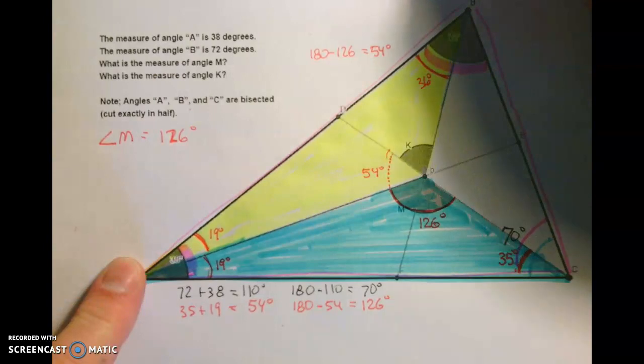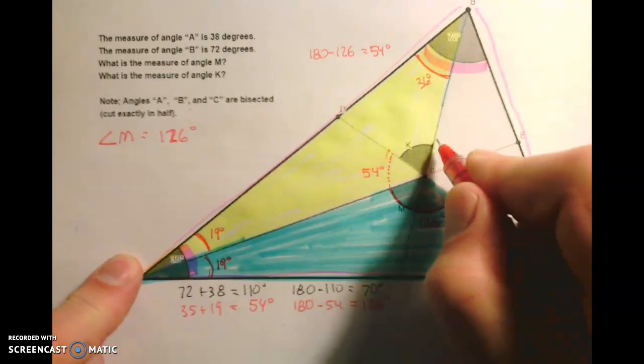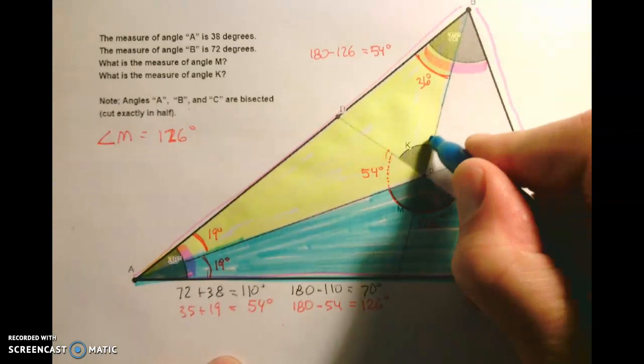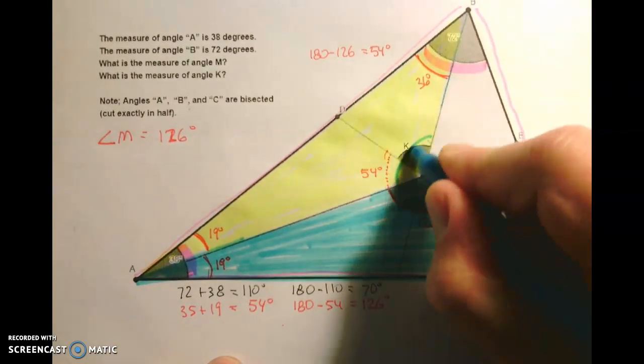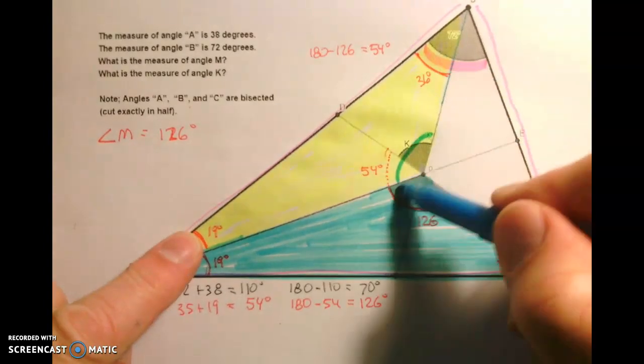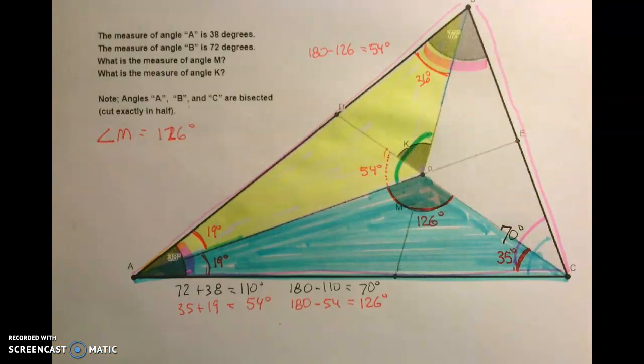So now I can find out the third angle. I'm not quite finding out what K is yet, but if I look at this third angle of the triangle in here, this whole thing, I know that the 19 plus the 36 plus this larger one is going to equal 180 degrees.